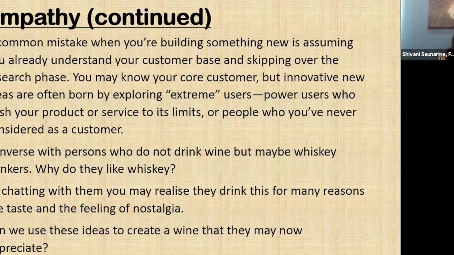You may know your core customer, but innovative new ideas are often born by exploring extreme users. And I want to focus so much on that term, extreme users. Extreme users are the power users who push your product or service to its limits, or people you've never considered as a customer.